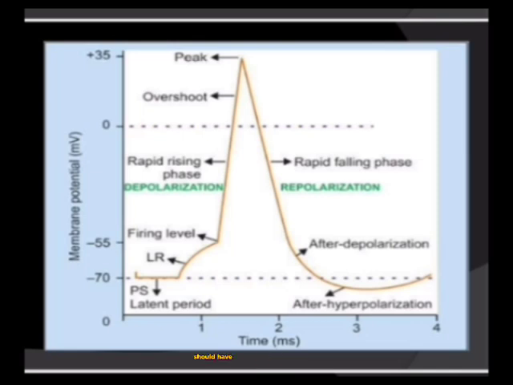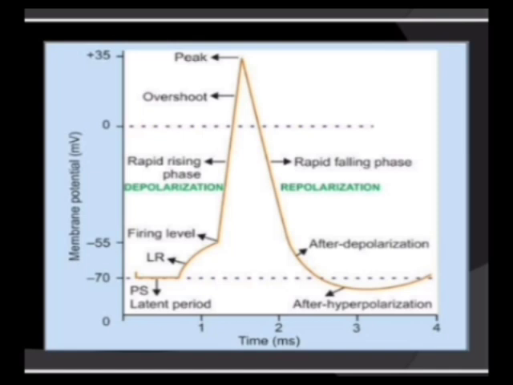You should have these terminologies on your fingertips, please. So when I say influx of students into the classroom, it means students are entering the classroom. If I say efflux, it means we are going out of the classroom.